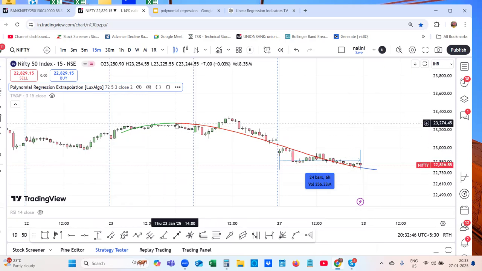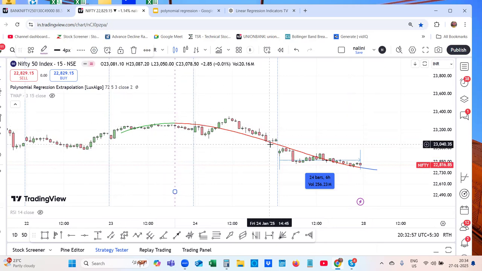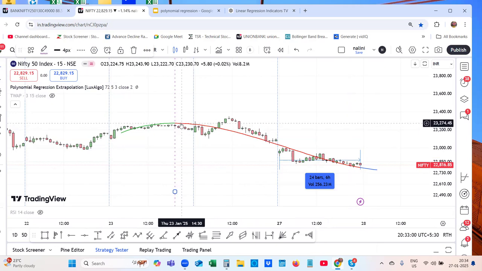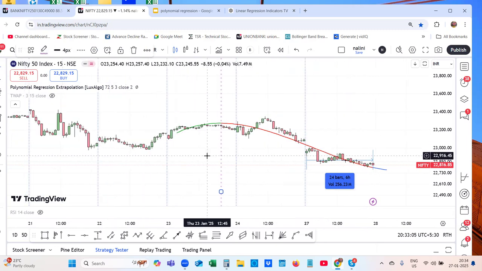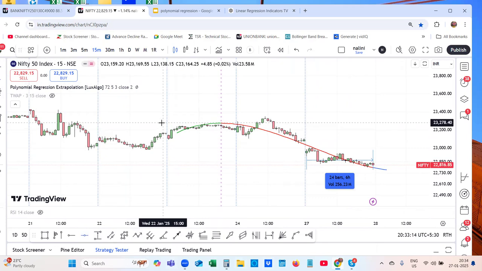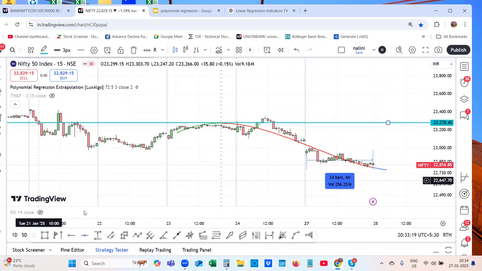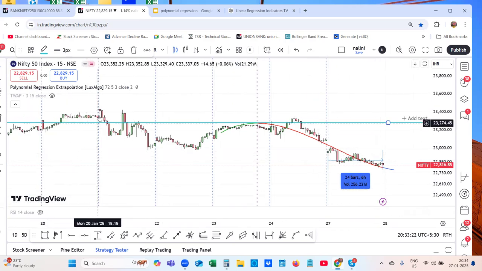Here you can see around this area, this curve has become flattened, indicating price is showing weakness. So you draw a line exactly at this level. That is 23,278, your polynomial regression reference point.